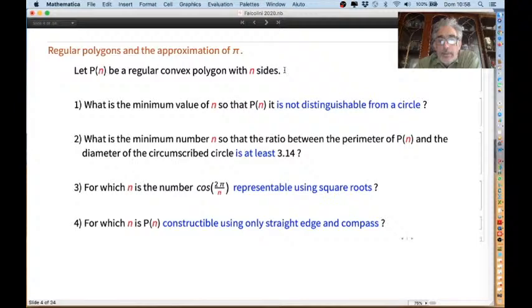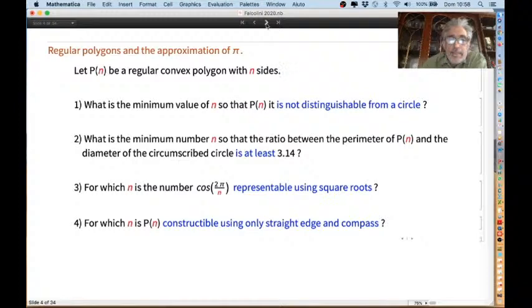And this is precisely pi n that I wrote before. So when is pi n larger than 3.14? Then I will discuss briefly the problem for which n the number cosine of 2 pi over n is representable using square roots. Finally, for which n is Pn constructible using only straight edge and compass.